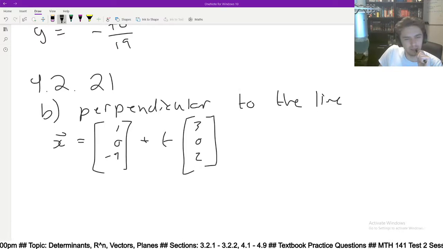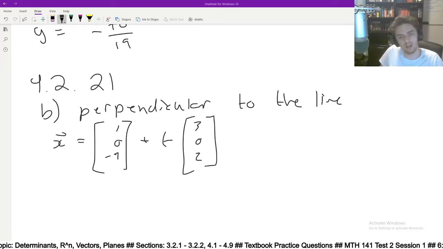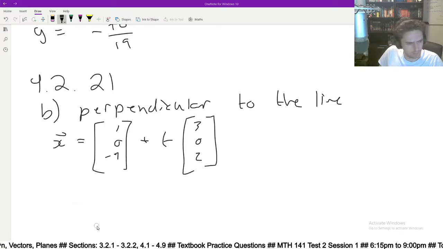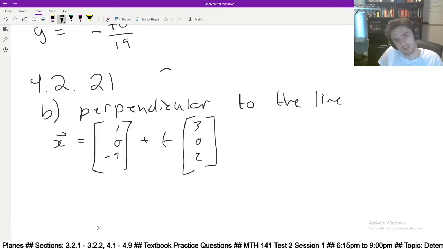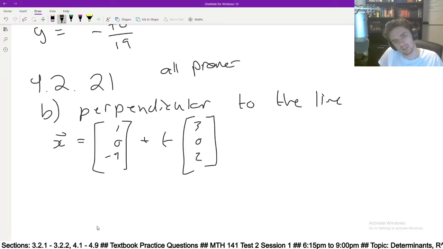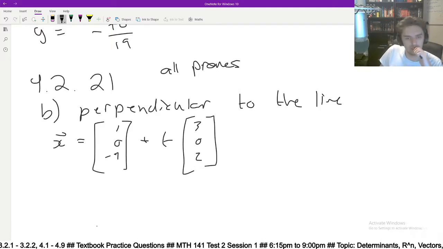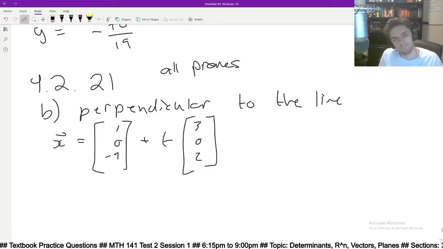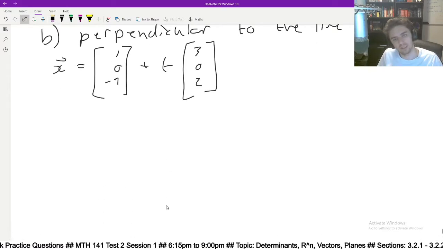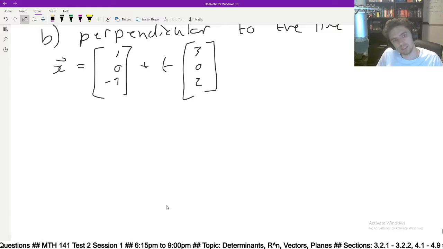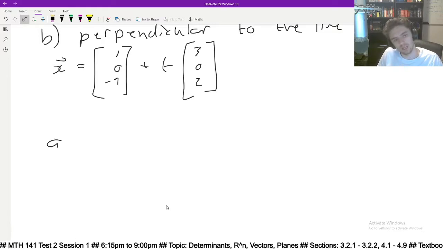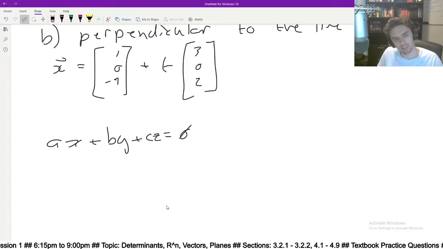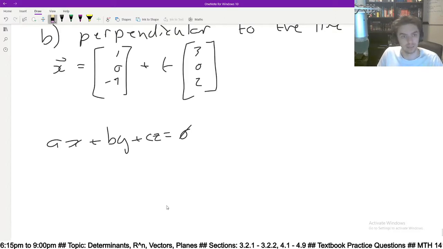Perpendicular, so we're not just looking for any one plane. We're looking for all planes. If it's perpendicular to this, then our plane is ax plus by plus cz equals d.